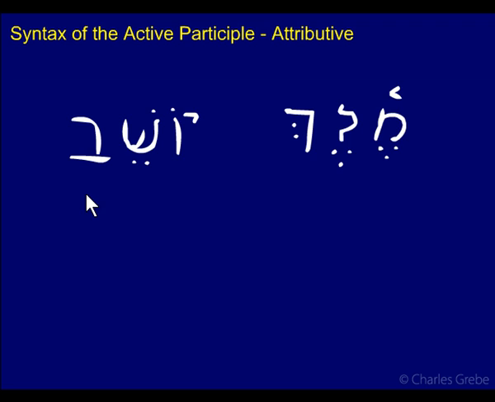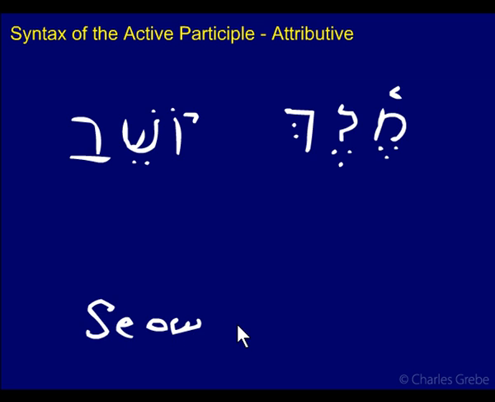It's not yoshevet, it's not yoshevim, and it's not yoshevot. So we just have the masculine singular form here and here, and they're both indefinite. So this could be translated as a sitting king, because it's indefinite, or a king who sits. I should say here that these next examples all come from Sale's grammar.